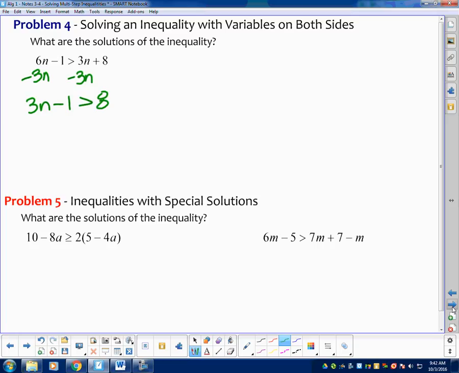Okay, now we want to get rid of that minus 1. Yep. And divide by 3. Does the inequality switch here? Did I divide by a negative? No. So it just stays.